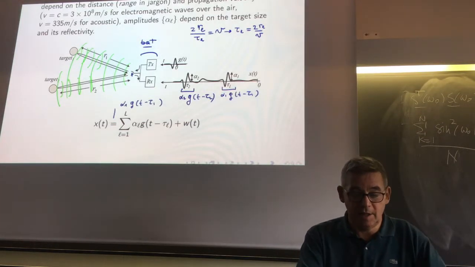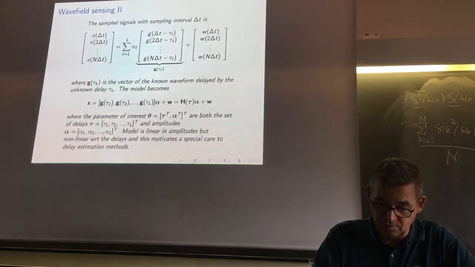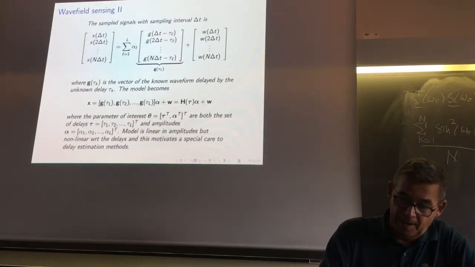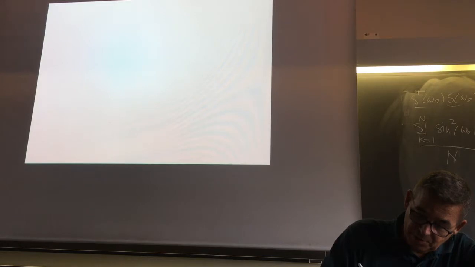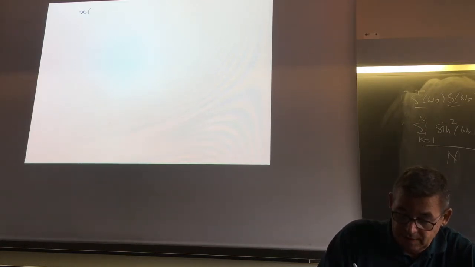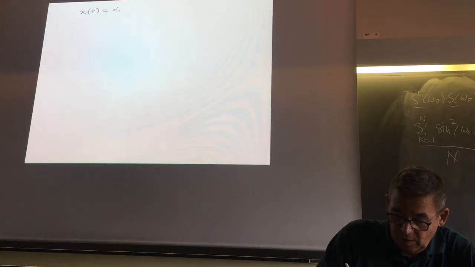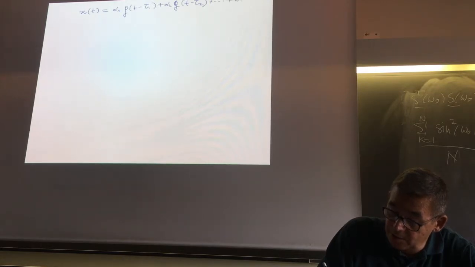Now, let's write all together. Let me see if it is. It's two rules. Let me write one by one. So what I do is this one. I take my model g of t, and then I sample the model. So I have x(t) equal alpha 1 g(t minus tau 1) plus alpha 2 g(t minus tau 2) plus many others plus noise.